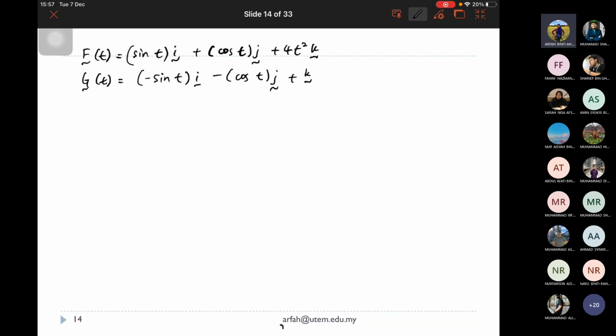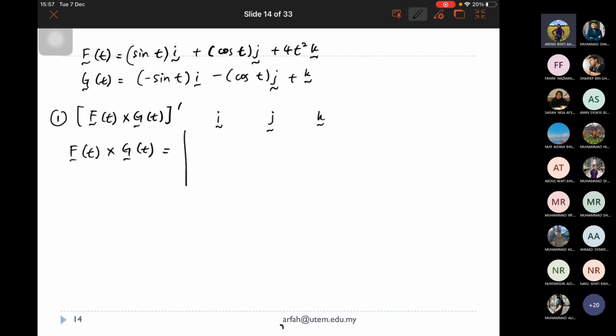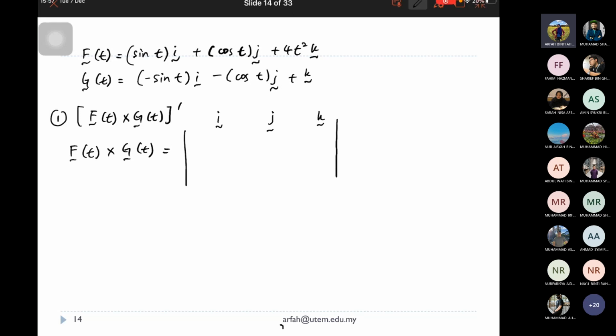Okay. Dan soalan first nak dapatkan f(t) dikali dengan g(t) and then the derivative. Okay. So vector f having cross product with vector g. So i, j dan juga k, letak satu persatu.